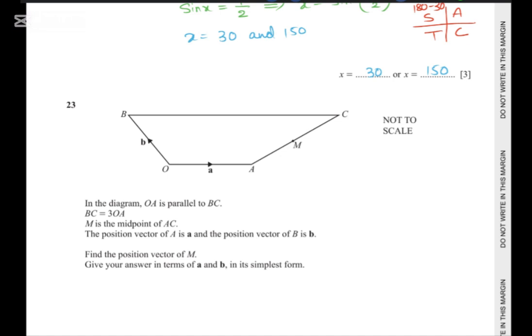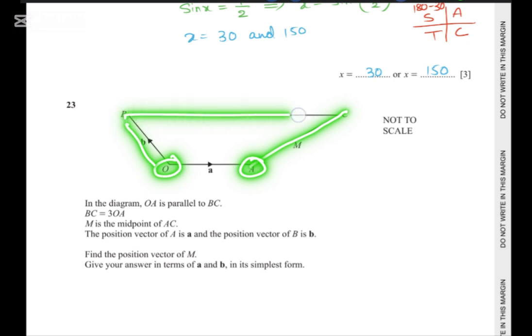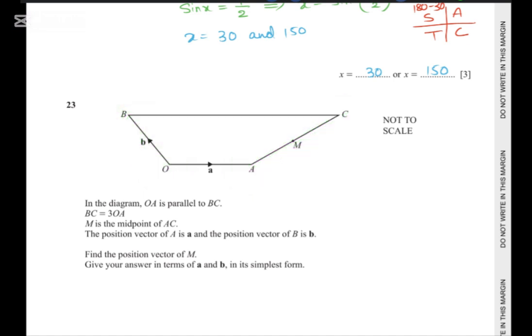AC will be A to O, then O to B, then B to C. Okay, first we'll find out AC. AC is equal to AO plus OB plus BC.